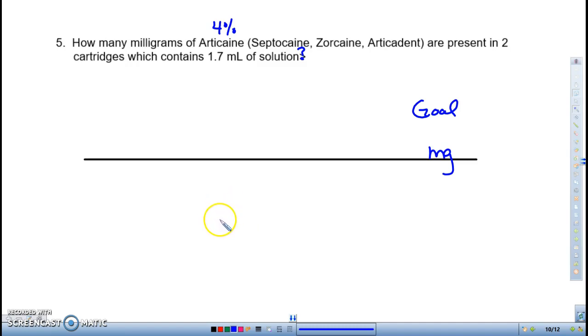The Articaine is 4%. So I know I have 40 milligrams per milliliter of the drug. They want us to use 1.7 milliliters per cartridge, and I've got 2 cartridges.